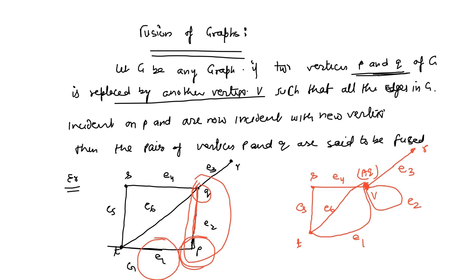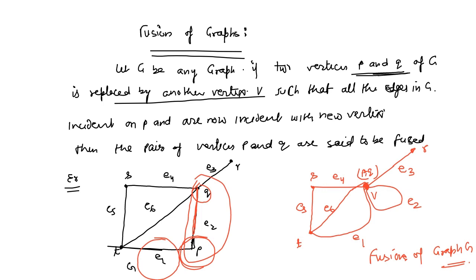So this is the fusion of graph G. Fusion means at least we fused one vertex, that means we replaced a pair of vertices by one vertex only.